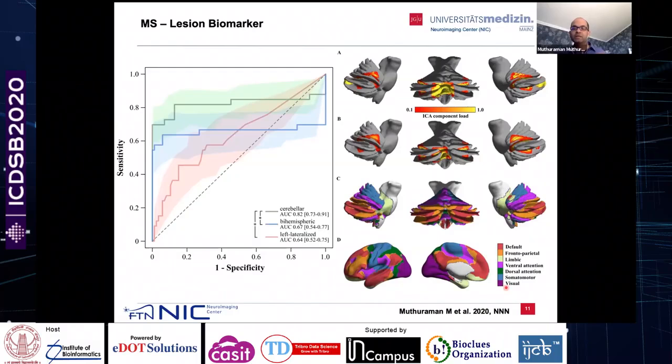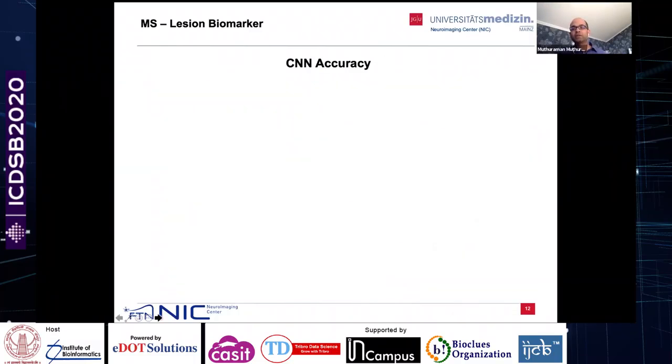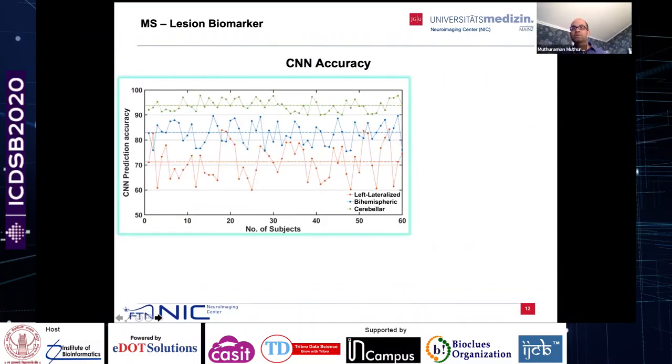And what we did is we went one step further, taking this cerebellar pattern and feeding that into a convolutional neural network, and then tried to find out whether we get good accuracy with this cerebellar pattern. So again, here we show the 3 patterns which I showed before, and here the axis shows the prediction accuracy, and here are the number of subjects.